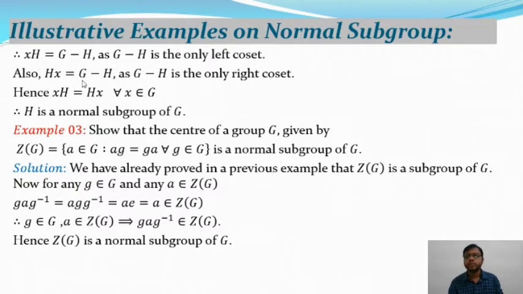So combining these two, we conclude that x H equals H x for all x belonging to G. So therefore H is a normal subgroup of G.